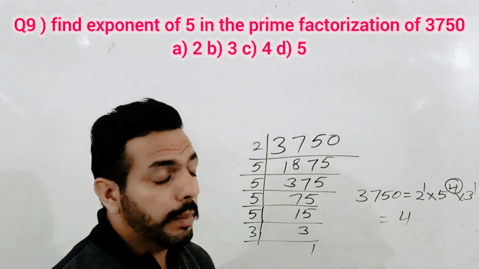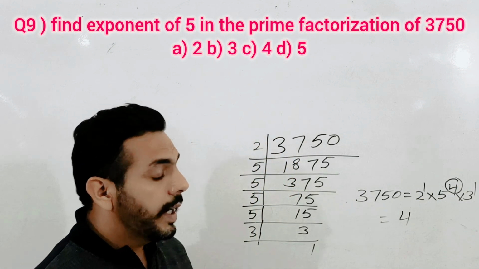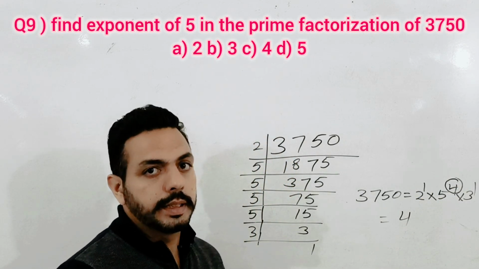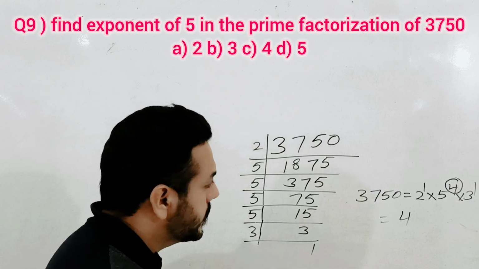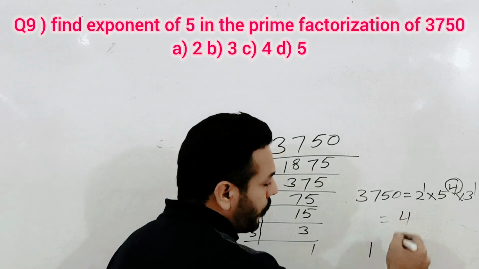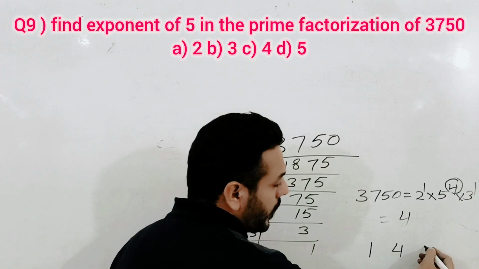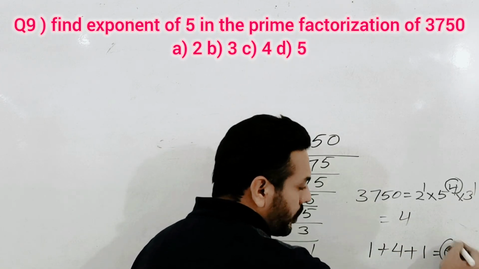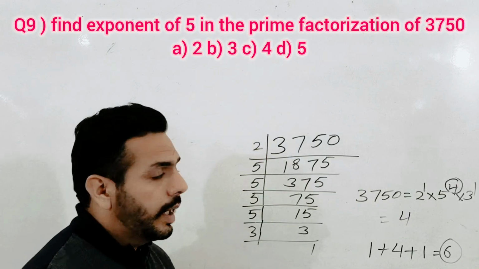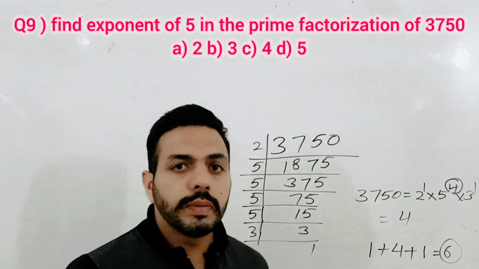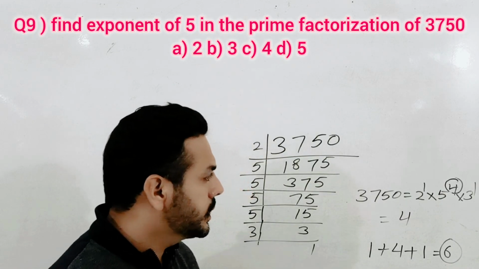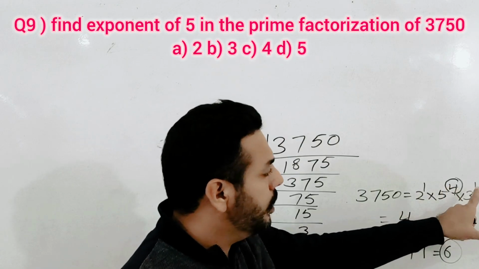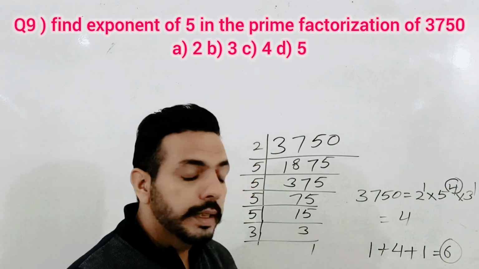And sometimes this question is written as find the sum of the exponents, right? Here the exponents are 1, 4, and 1. Add these, we get 6.